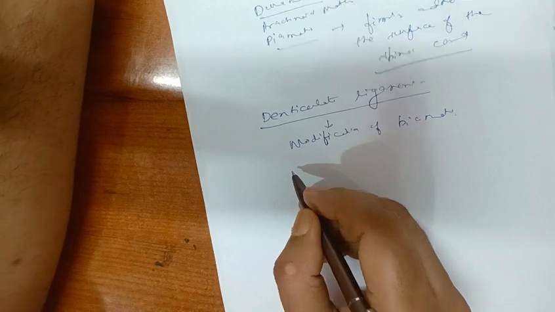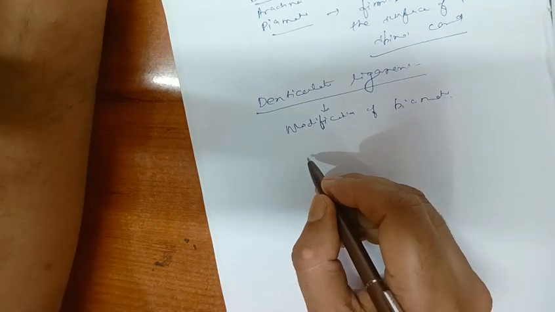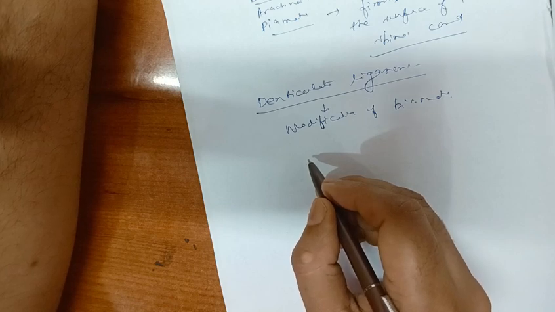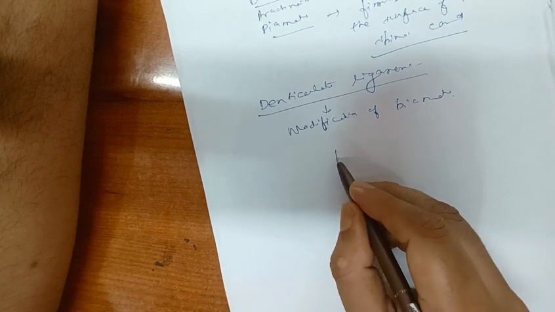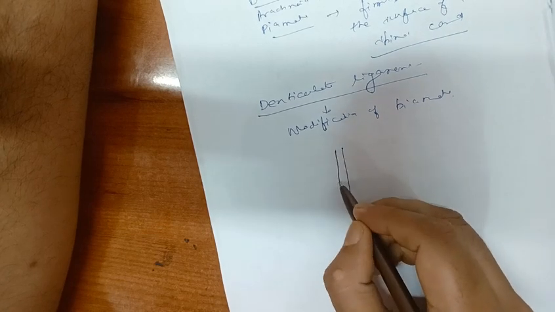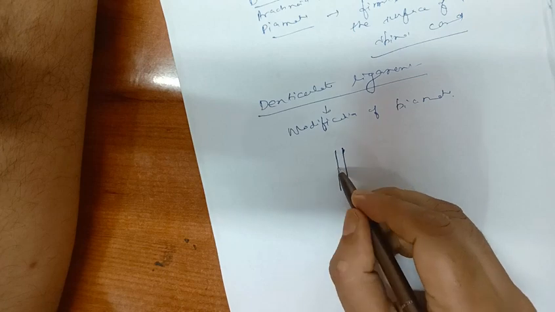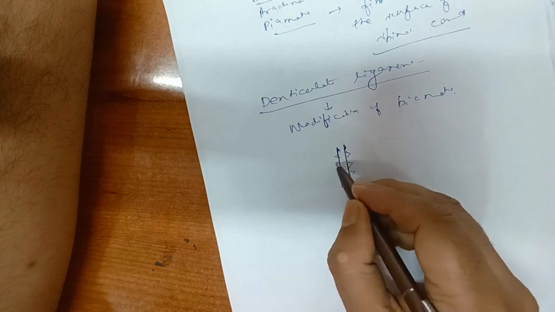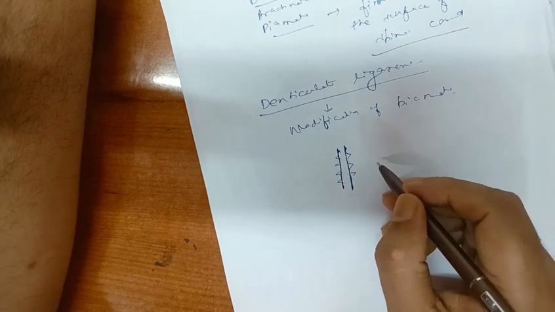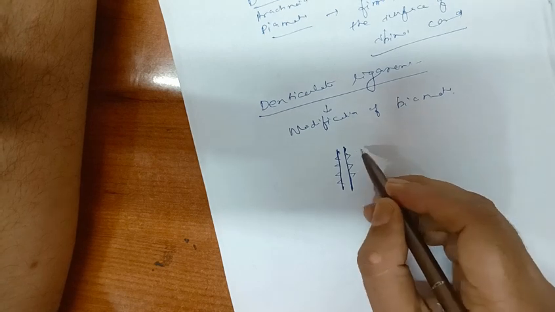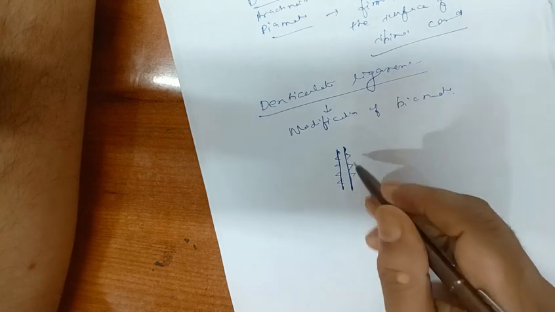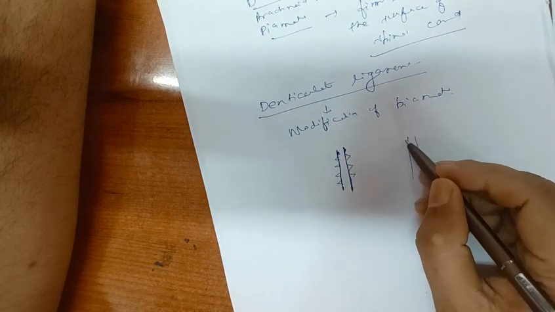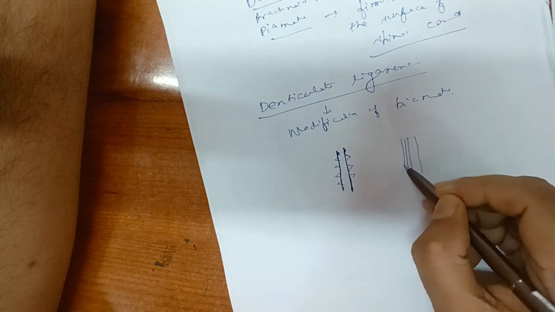On each side of the spinal cord, there is a longitudinally oriented sheet of pia mater that extends laterally from the spinal cord towards the arachnoid and the dura mater. Suppose this is the spinal cord, covered by the adherent pia mater, then the arachnoid mater, and then the dura mater.